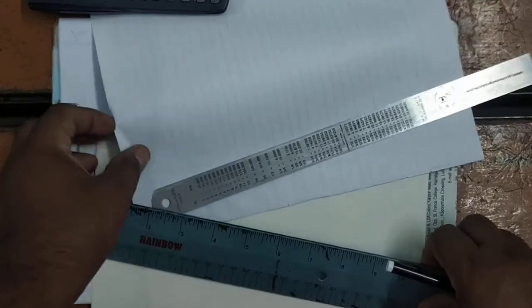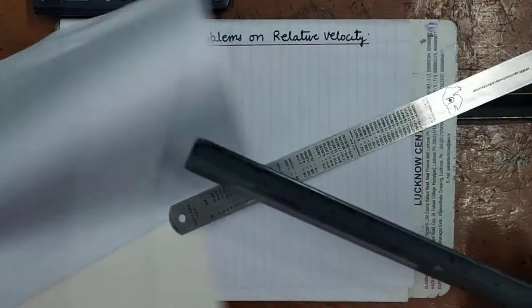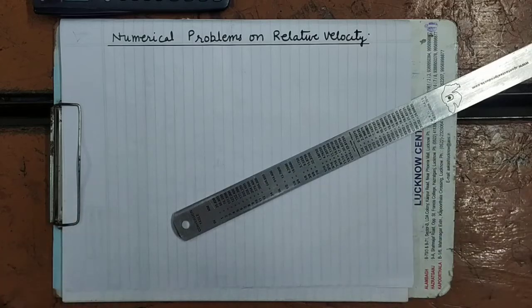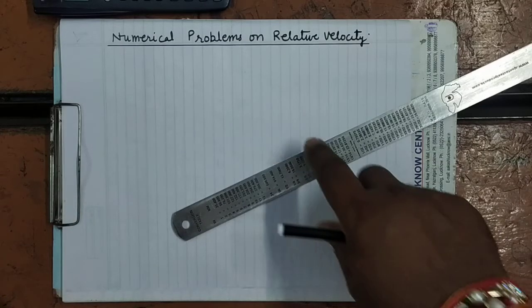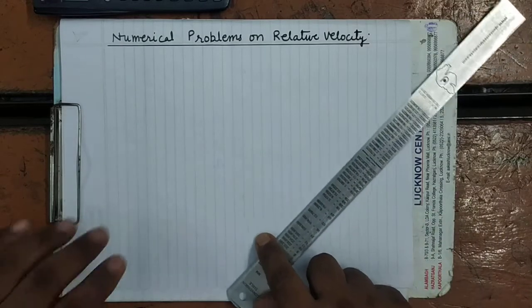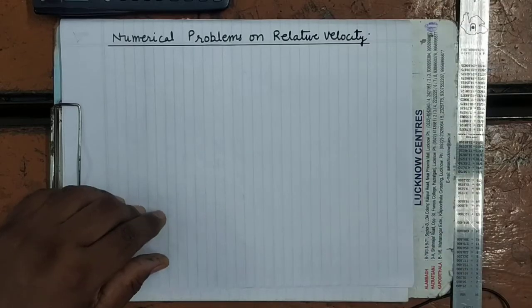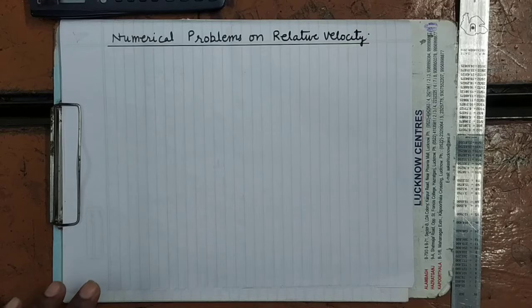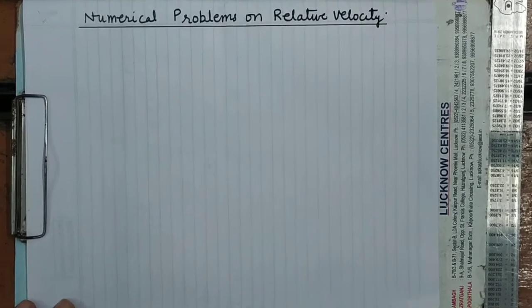We will show you in the diagram here. Woman is moving in north to south direction.